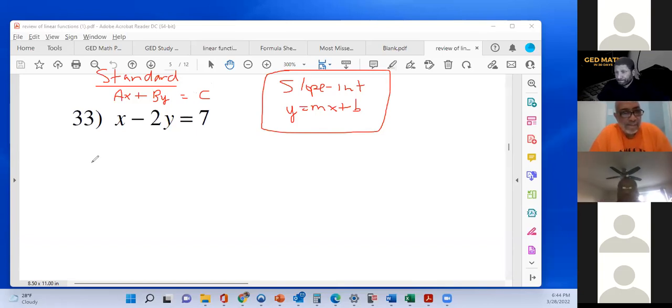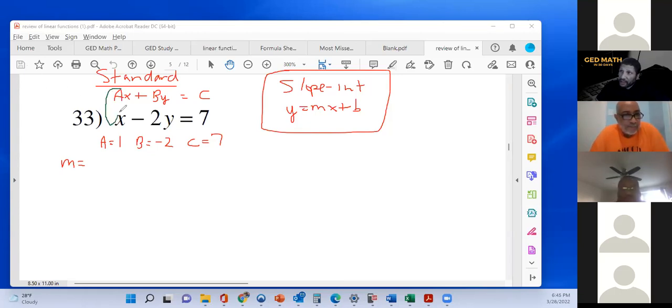Does anybody know how to find the slope and y-intercept from standard form? A is equal to what? What number is in front of this x? 1. B is -2. C is -7.